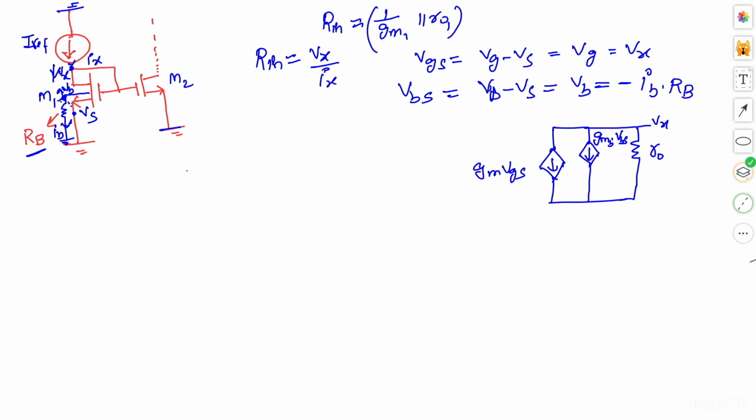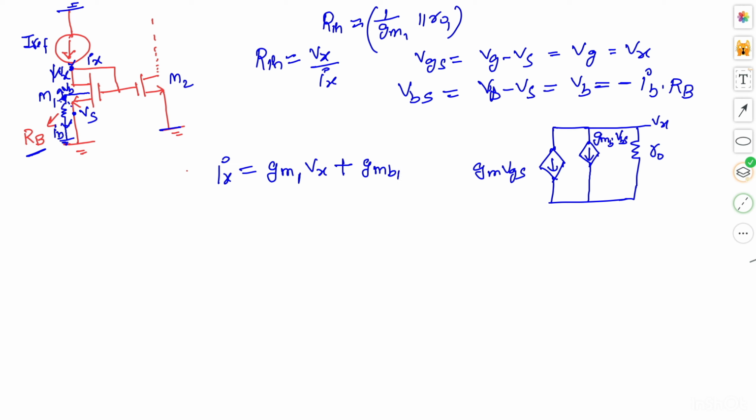So if I try to write the current which is entering at the drain of this MOS M1, which is equal to Ix, that will be split into three parts. One part will be GM into VGS, which I can write as GM1 because we are talking about MOS M1 here. VGS we have figured out is equal to Vx, so I can write it as GM1 into Vx, plus the transconductance of bulk, GMB1.